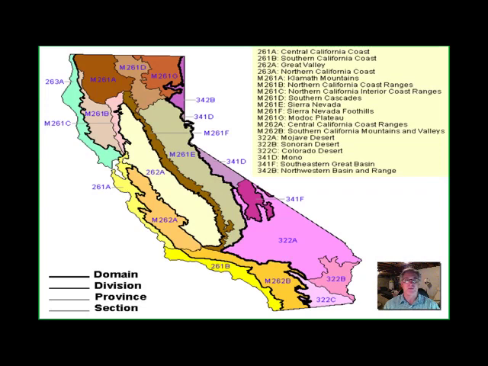Now the problem with California is, we have this great freeway, I-5, that travels down the state like this. And basically from Redding all the way down to Bakersfield and beyond, we have this tremendous diversity of ecosystems.